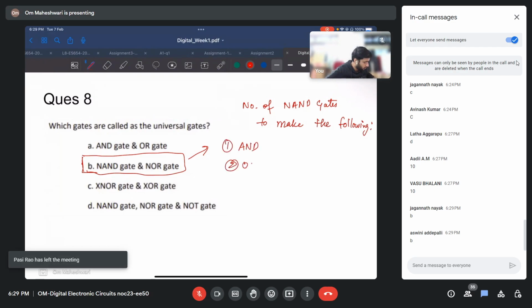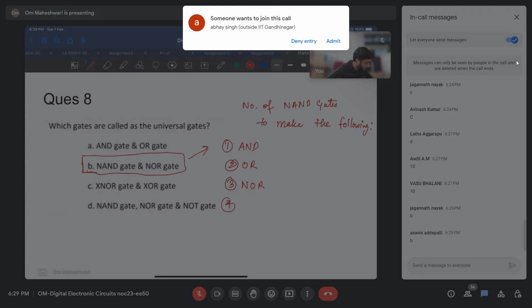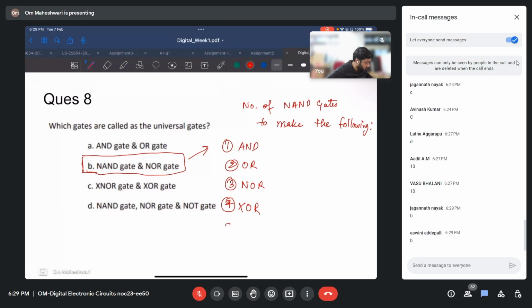AND, OR, NOR, XOR, XNOR. Okay, Renuka says two.